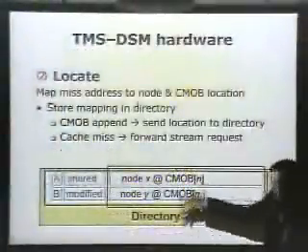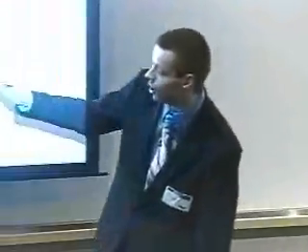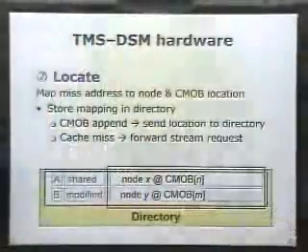So the directory will know, on some subsequent miss to A, not only is A shared, so you have to go to the directory anyway just to service the miss for A, you'll also find out, aha, node 1 last incurred a miss to A, and it recorded it at location 57 in this misorder buffer. So now I'll send a message to node 1 asking it to look at location 57 and find what happens next.